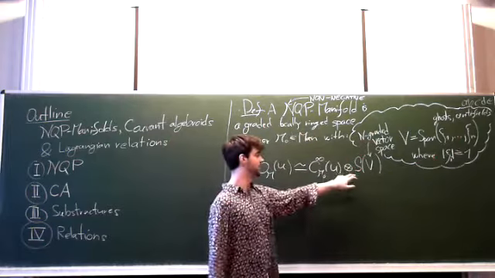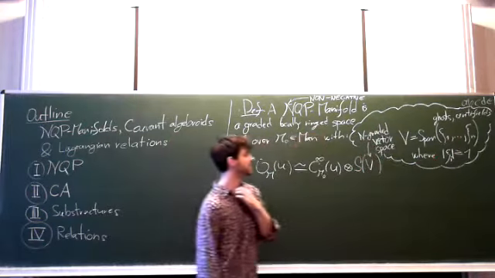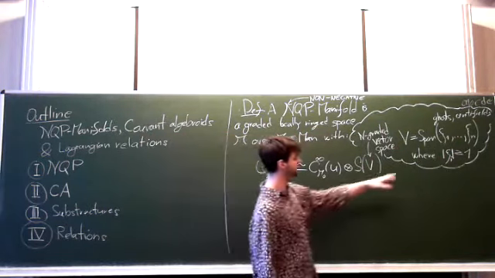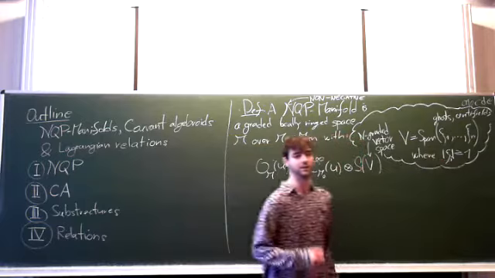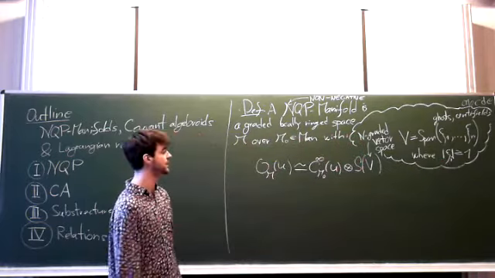This is a graded symmetric algebra on a graded vector space. So you commute when the degree is even, and they anticommute when the degree is odd.